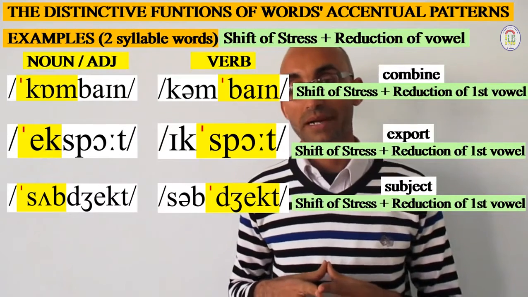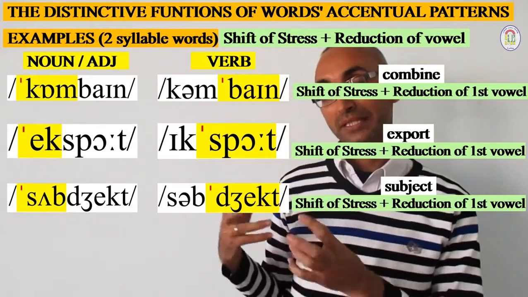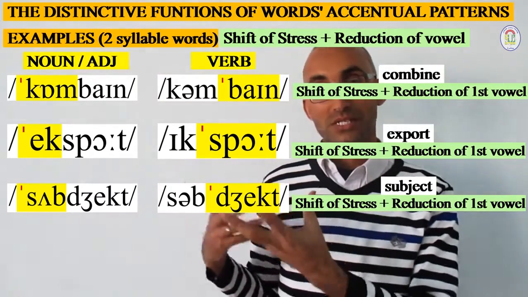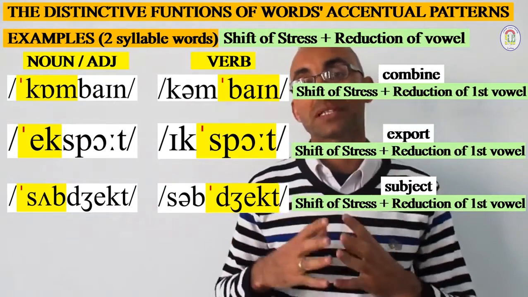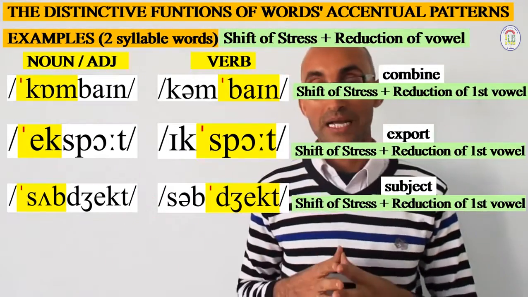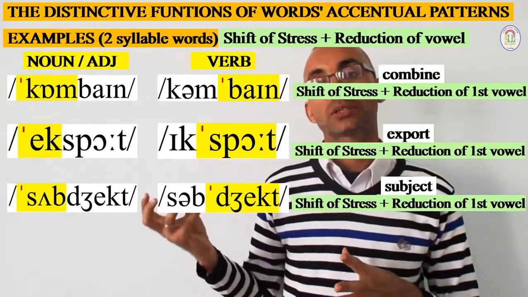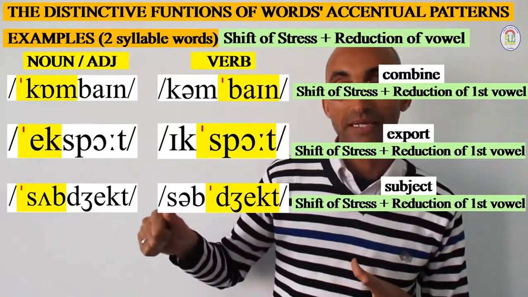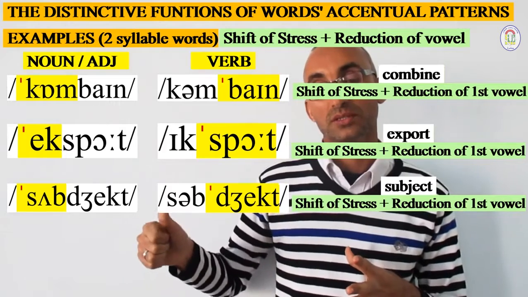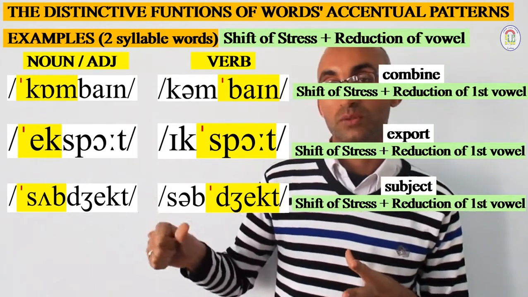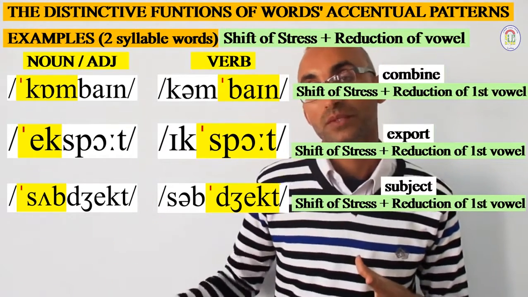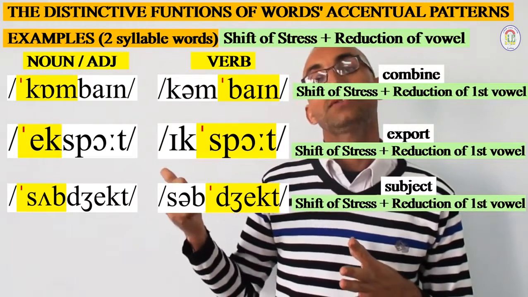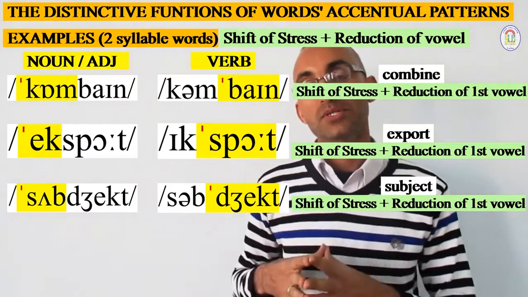Right. But if we see the difference in the accentual pattern in the two words, I can discover that in the noun subject, the first syllable is stressed, number one, right? And if I change the stressed position from the first syllable in the noun to become on the second syllable in the second word, which is subject, here the word becomes verb.